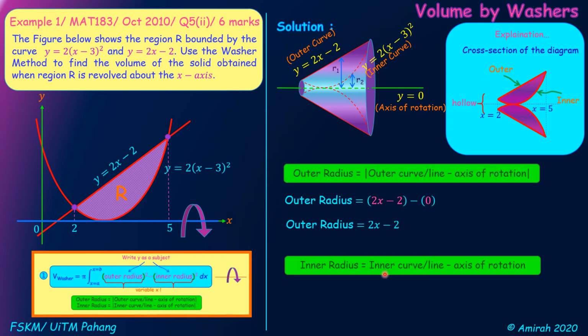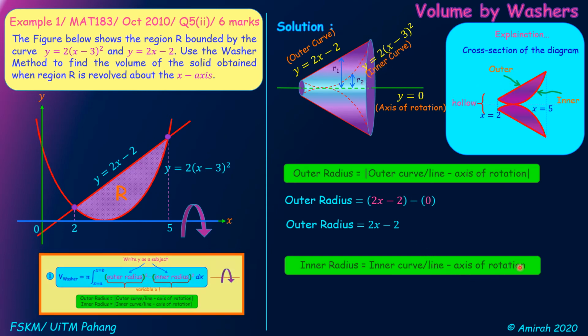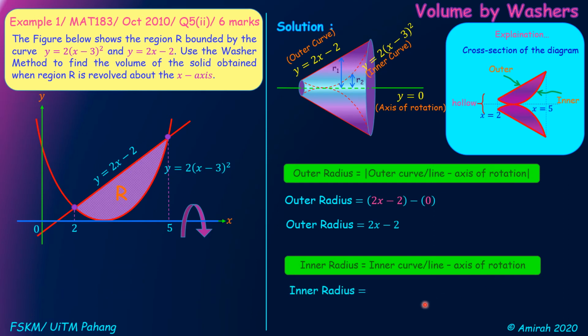Inner radius equals the modulus of inner curve or line minus axis of rotation. So our inner radius equals, we replace the inner curve or line by 2 times (x minus 3) squared, and then we have a minus sign, and for the axis of rotation we replace by 0.